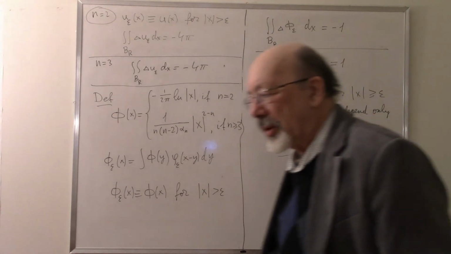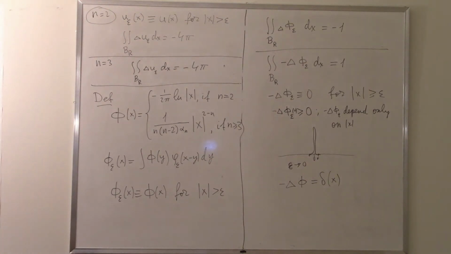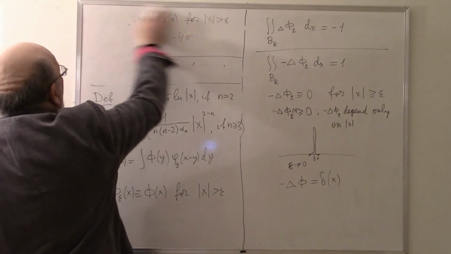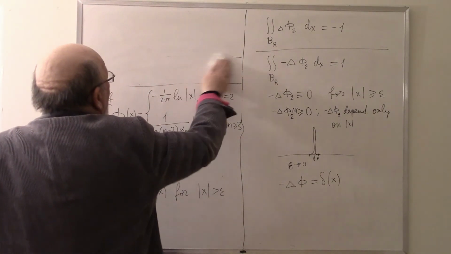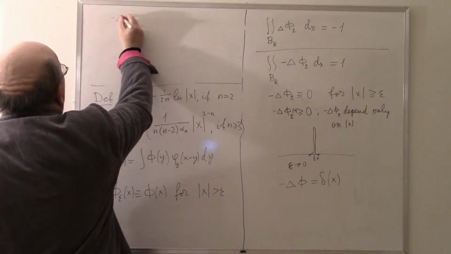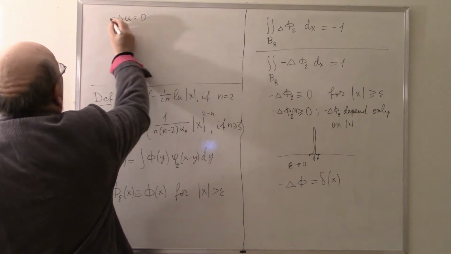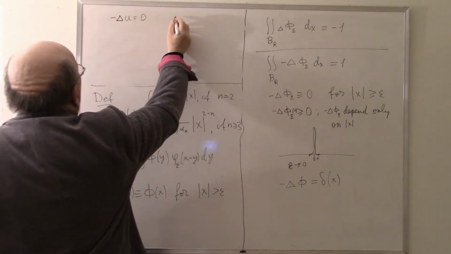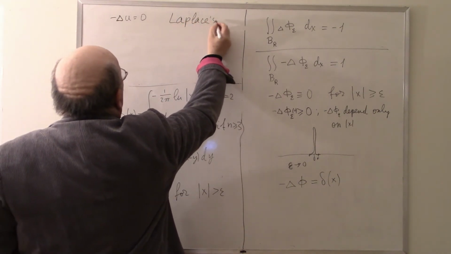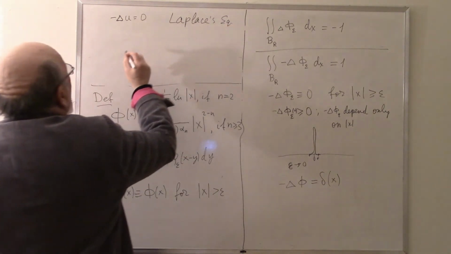And now I wanted to proceed to one next important thing. So let me introduce one more name here. Equation minus delta u equals 0 for harmonic function is called Laplace equation.